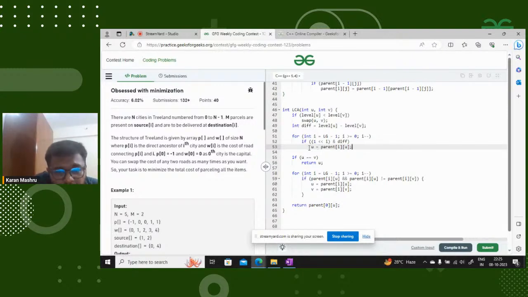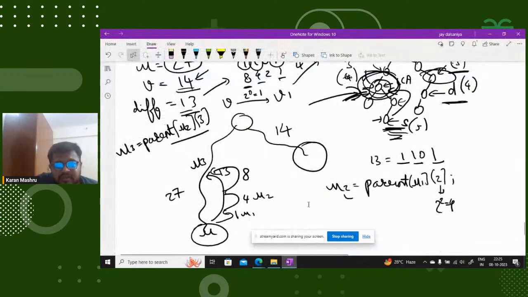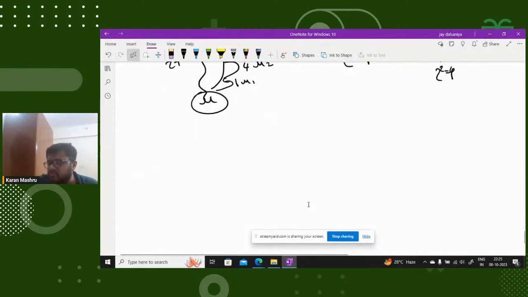And when I will come out of this for loop at line 54, the level of both the nodes will be equal. Okay, so now first I will check if U and V are equal, then directly return U. There can be two cases now.